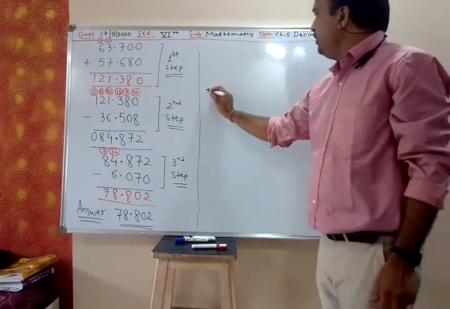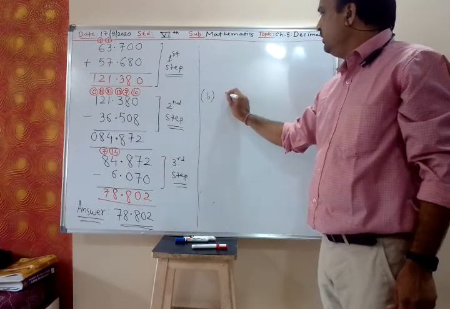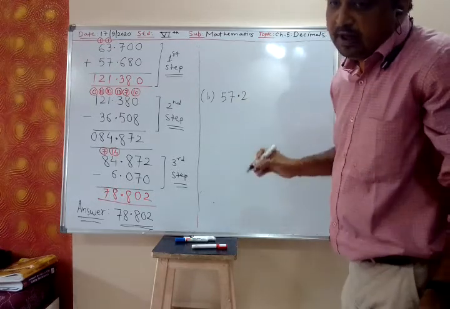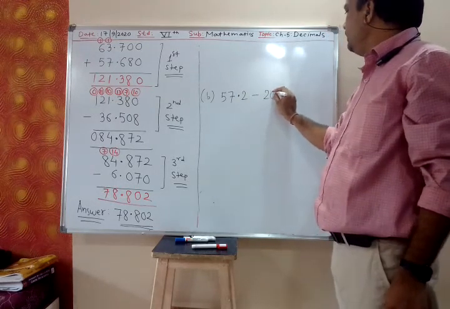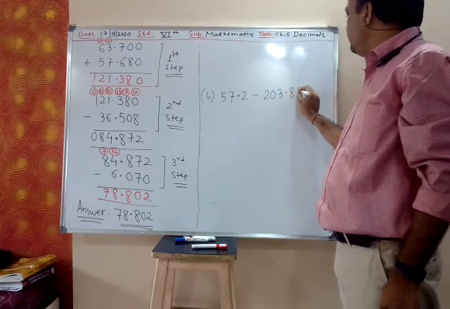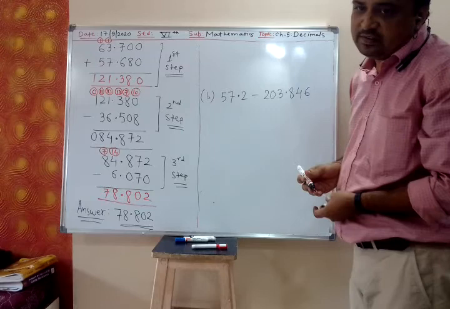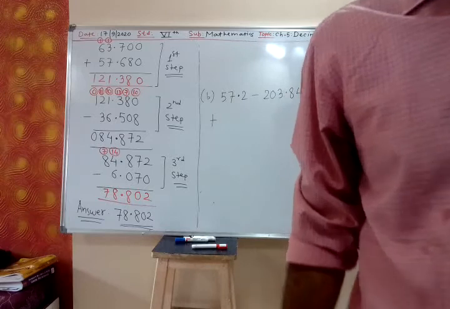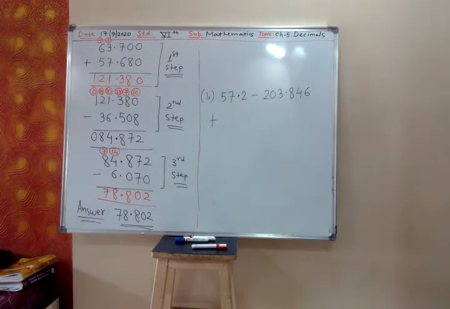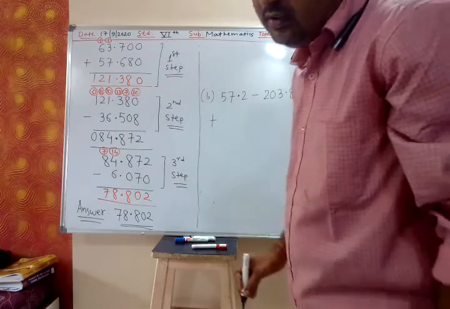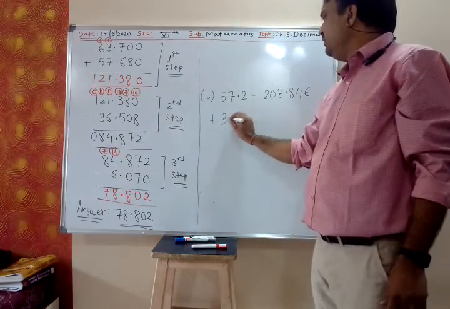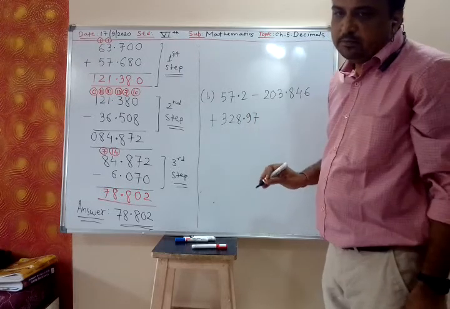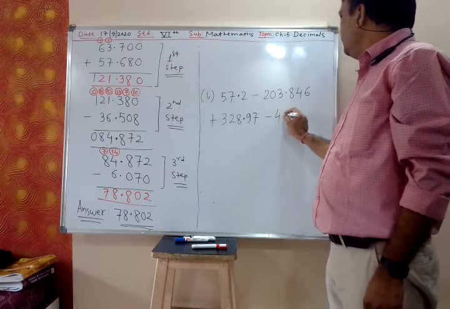B is 57.2 minus 203.846 plus 328.97 minus 48.8.